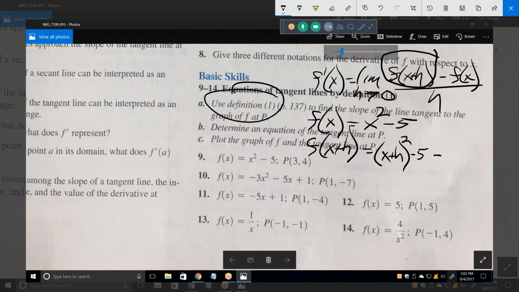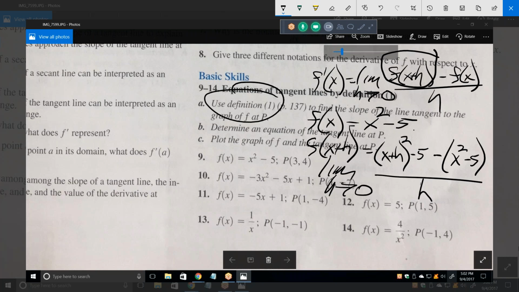Well, what's f of x? X squared minus 5, in parentheses. Notice that you do need those parentheses, otherwise you'll get the sign wrong on that last number. And it's all over h. Now, we're wanting the limit of this as h goes to 0.